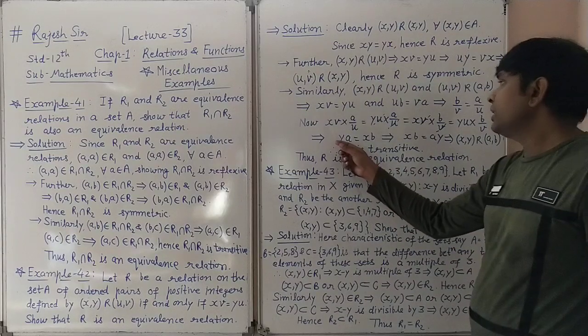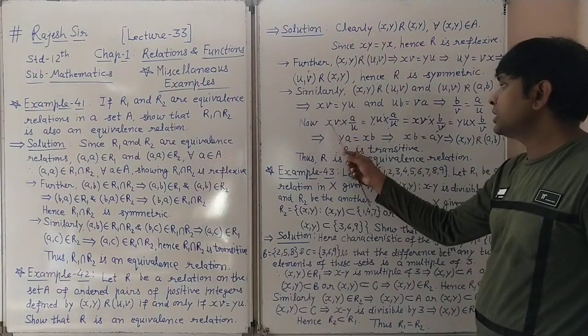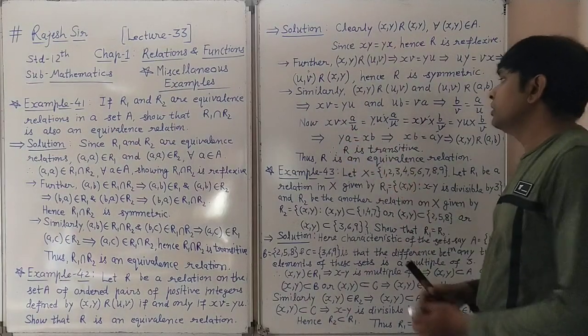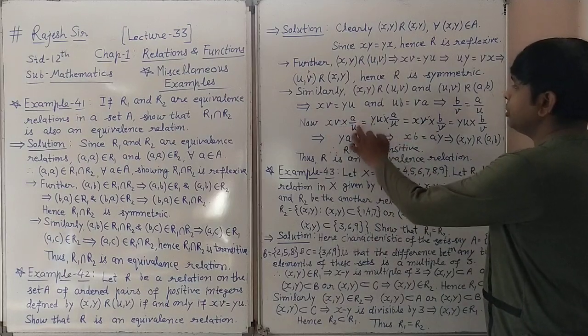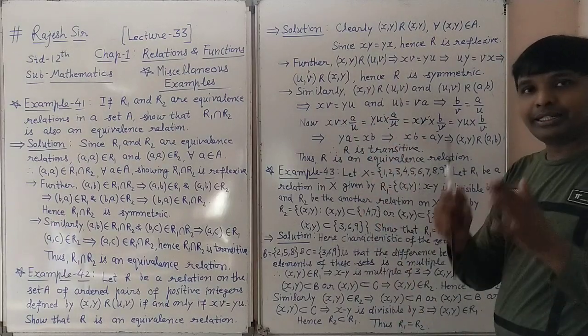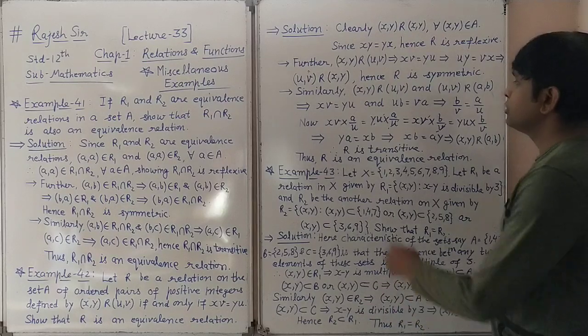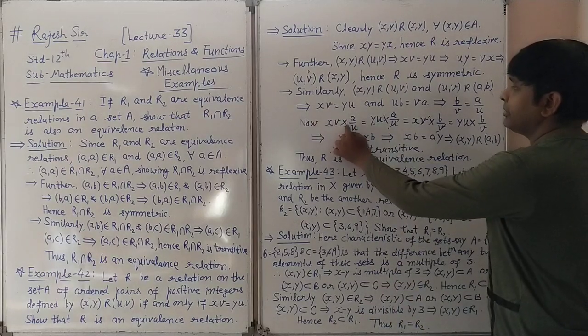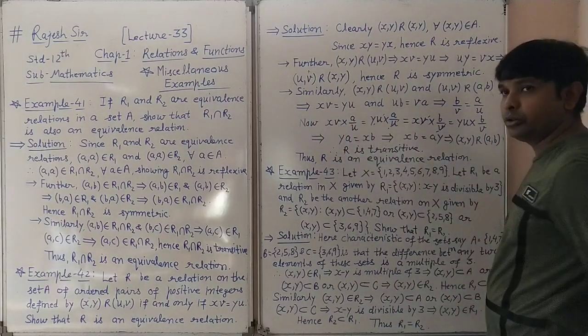Now again start with what we have here, xv equals yu. Now multiply both sides by a upon u, and it will be equal. I have multiplied on the left a upon u, on the right also a upon u. So it will be equal.